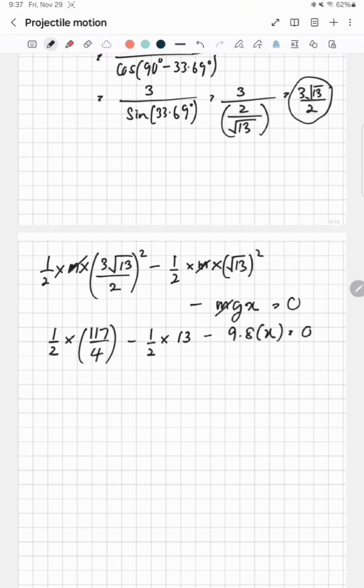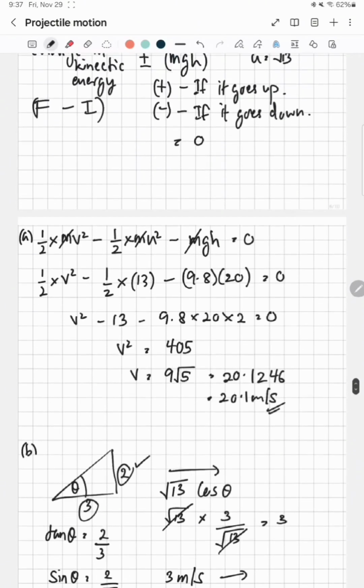So 117 over 8 minus 13 over 2 gives you 65 over 8 equals 9.8x. Divide this by 9.8, and that gives x equals 0.829 meters.